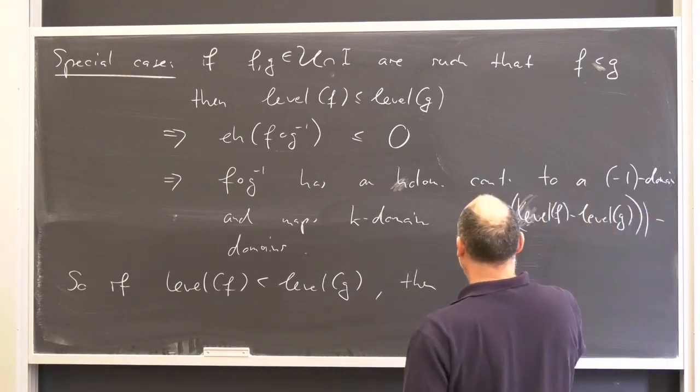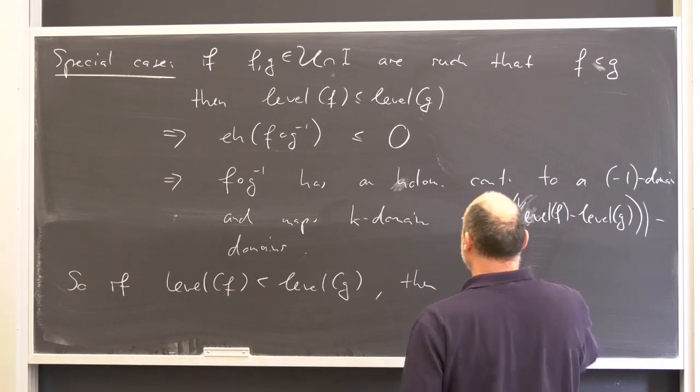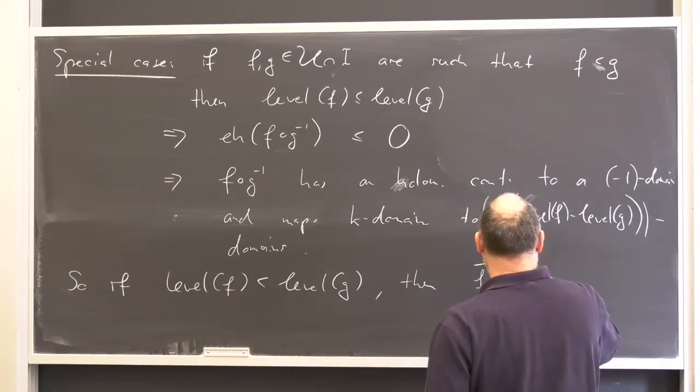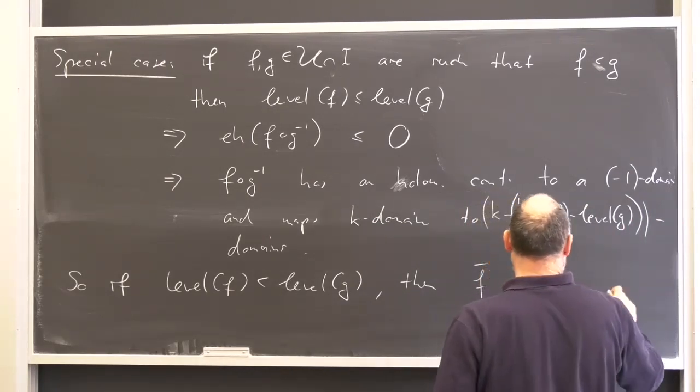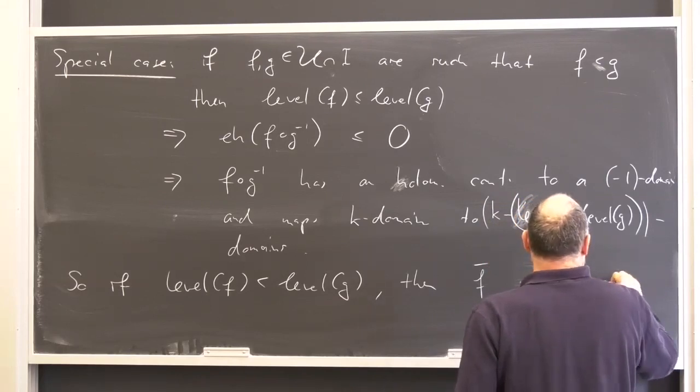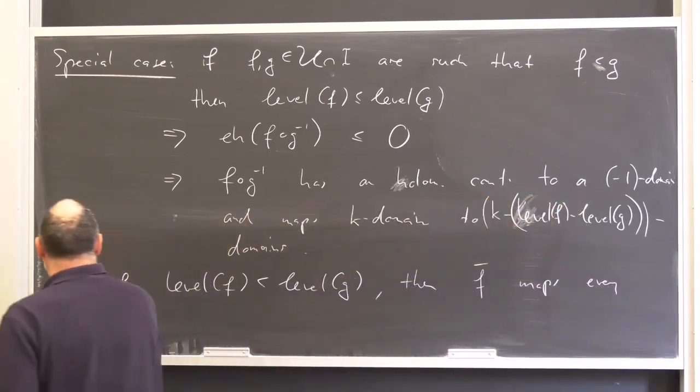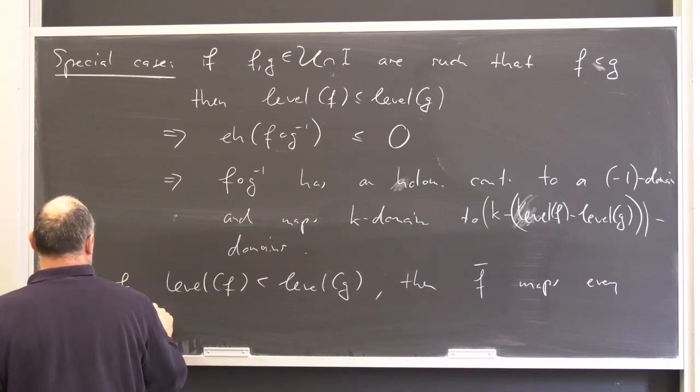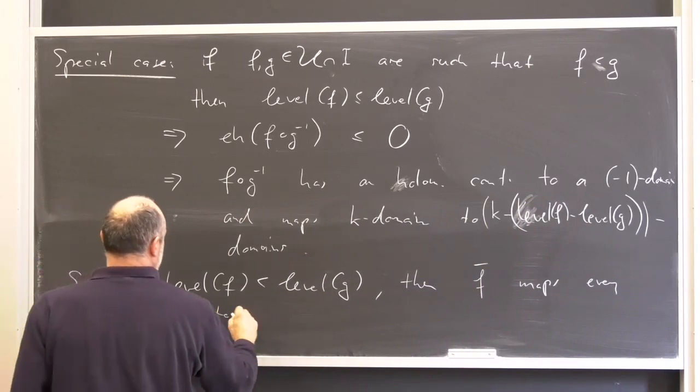So then f bar, the holomorphic continuation, maps every zero domain into every zero domain.